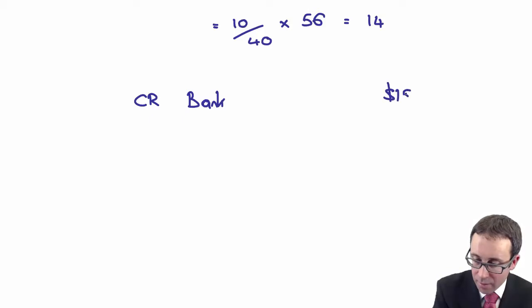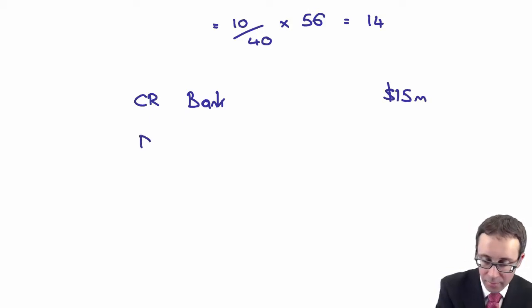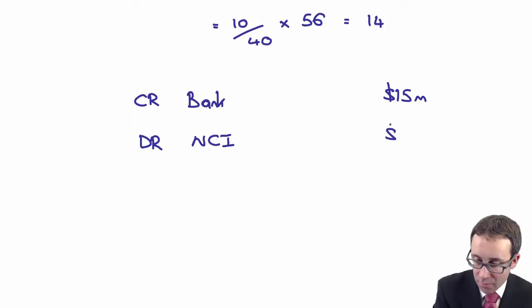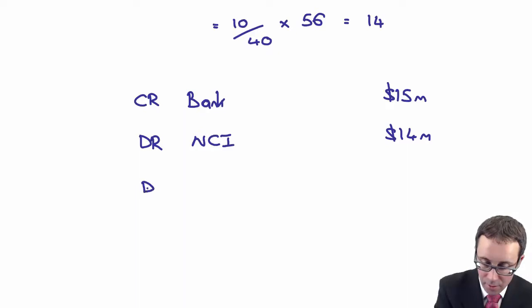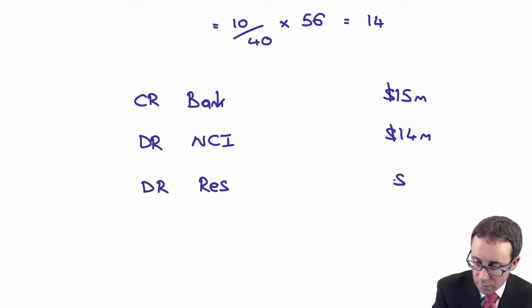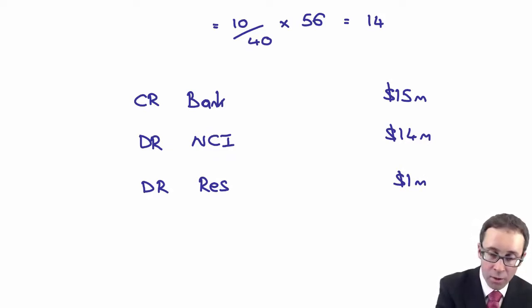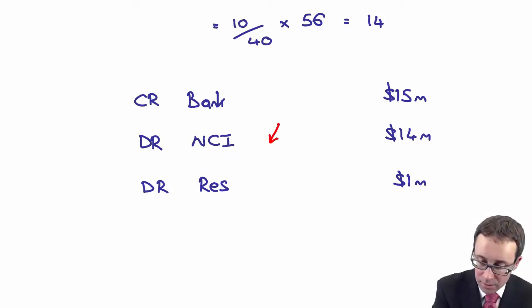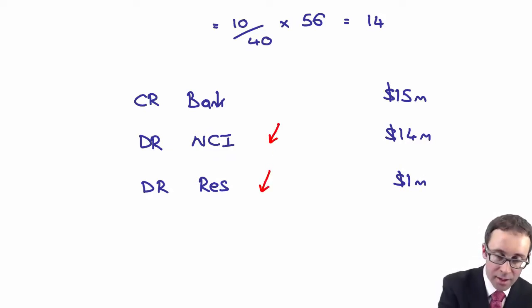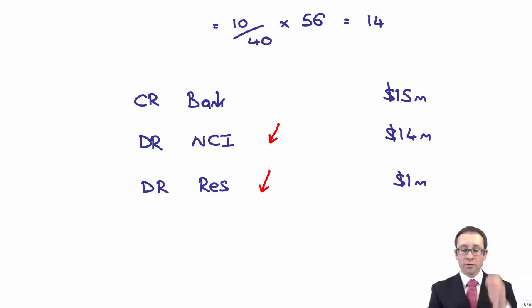So credit the bank 15 million. Debit NCI, is it with 14 million? And then I debit my reserves. Is that there with 1 million? So I'm reducing the NCI and I am reducing the reserves.